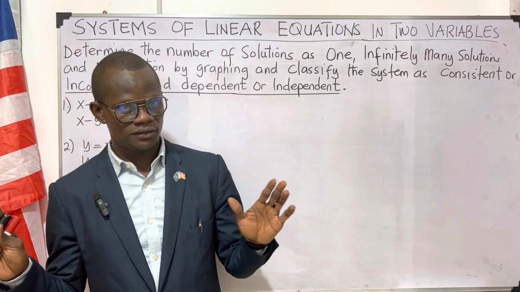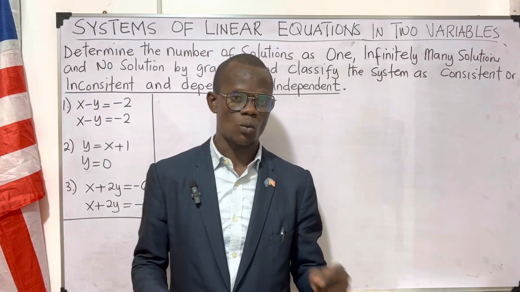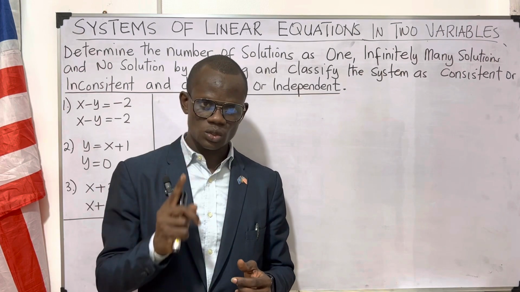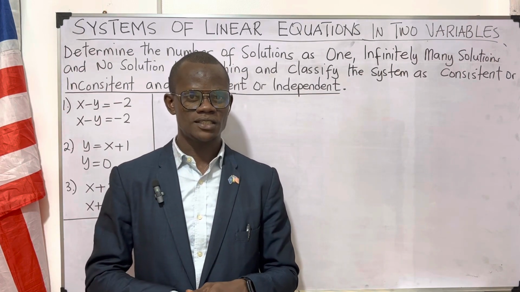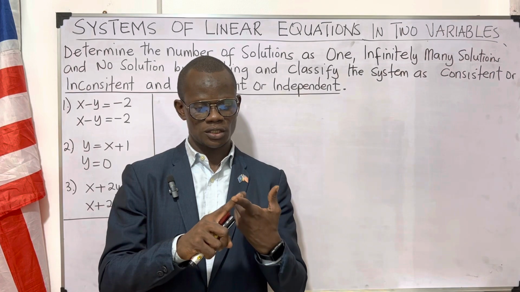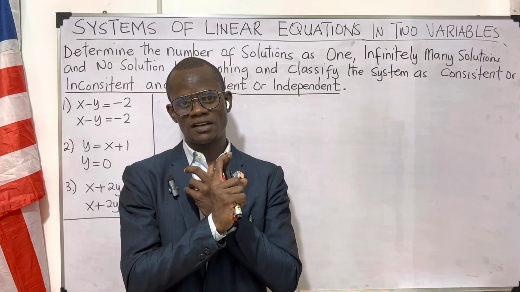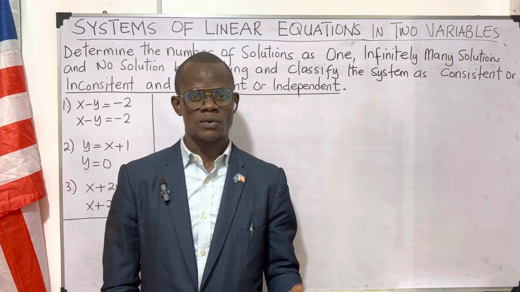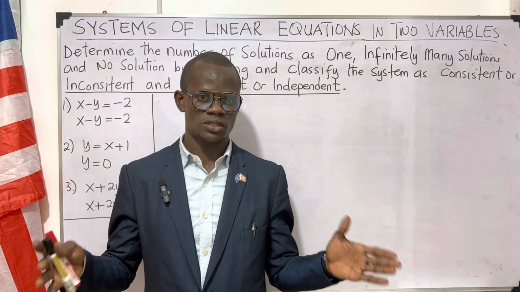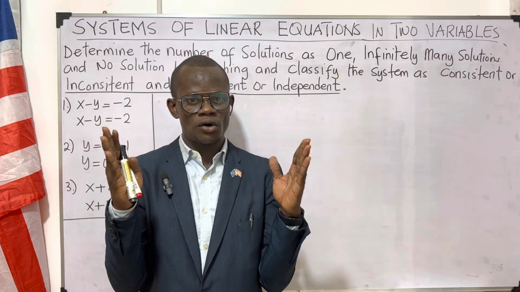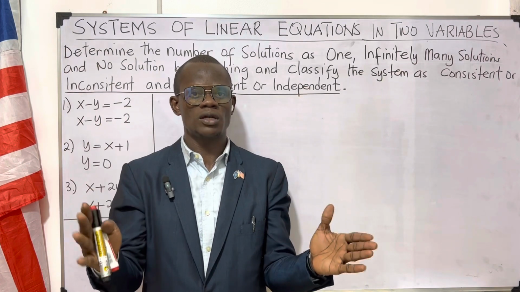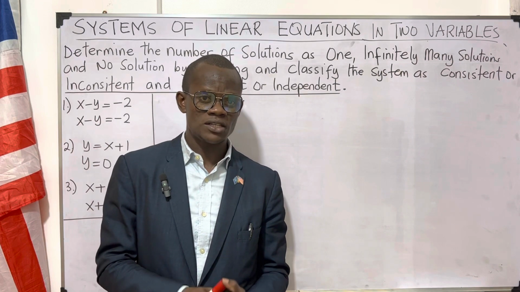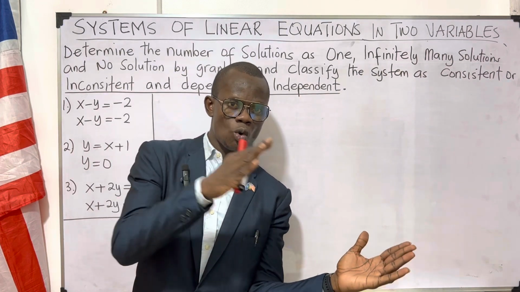When you have one solution, the graphs will intersect at one point. When you have no solutions, the graphs of the equations will be parallel to each other. And when you have infinitely many solutions, the graphs will coincide.